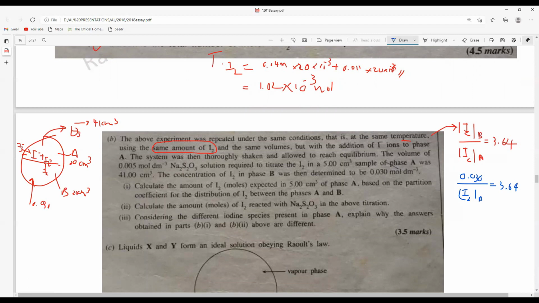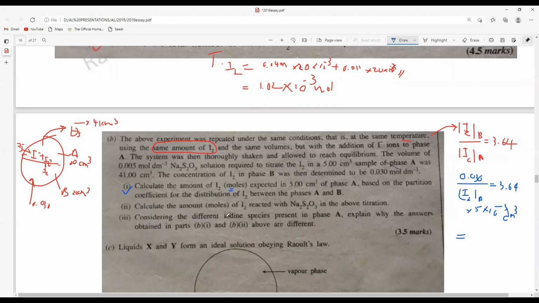That is very simple. So you find the concentration of I2, but we have to find the number of moles. After finding the concentration, just multiply it by 5 times 10 to the power minus 3 decimeters cubed. So you will get the amount of I2 in 5 cubic centimeter of phase A. That is very easy.